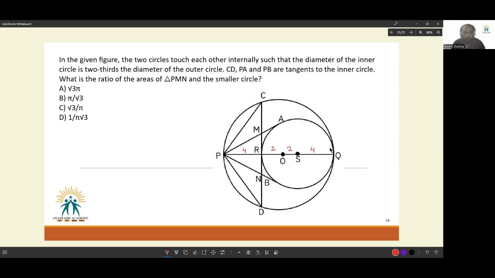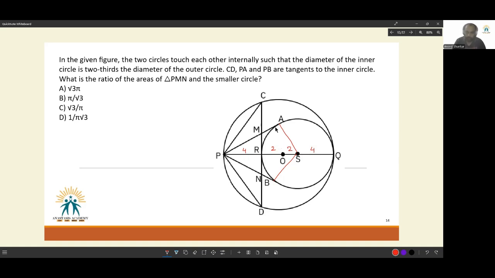Okay. CD, PA, and PB are tangents to the inner circle. Okay. What is the ratio of the areas of PMN and the smaller circles? Ratio of the area of PMN and smaller circles. Okay. And connecting these points. Hopefully you can see PAS and PBS are going to be congruent triangles.